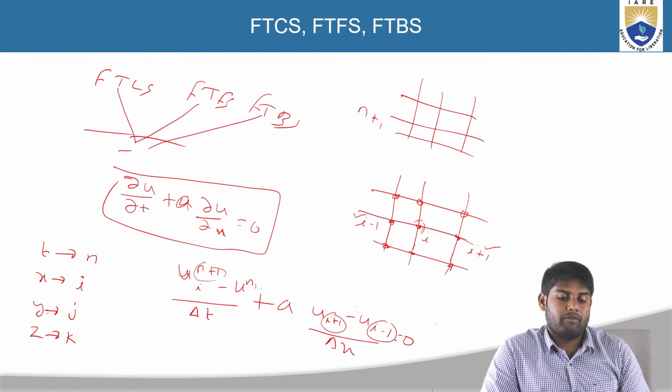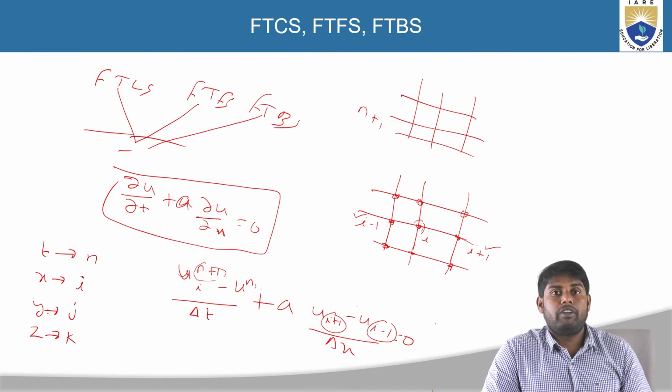Next you have central in time, forward in space. We can propose so many numerical schemes, but we need to see which one would be efficient, which one is stable, which one is consistent, and which one will converge.